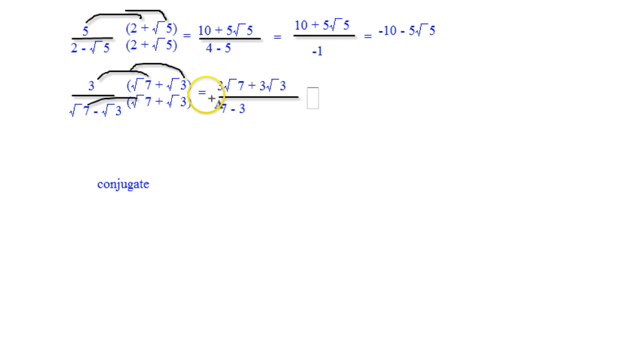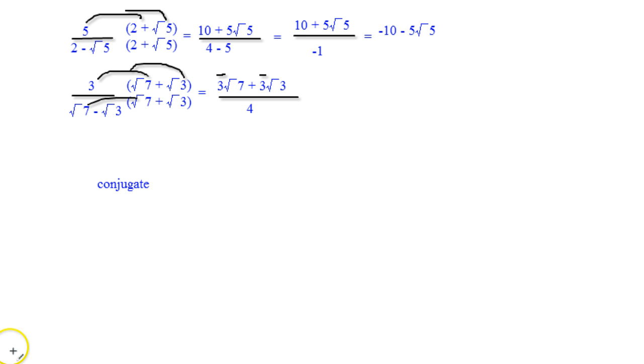Well, actually, I could just simplify it right here. 7 minus 3 is definitely going to be 4. And if you notice, I can't divide these on top, and if you're trying to simplify, you have to simplify with these two, not the numbers inside the radicals. And I can't, so I'm just going to leave it as is.